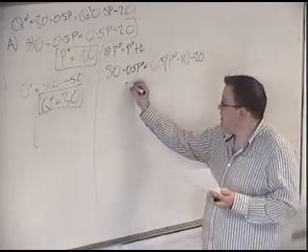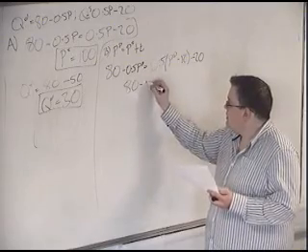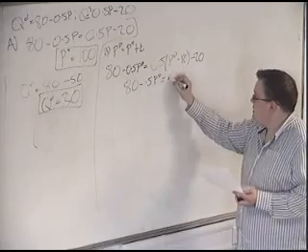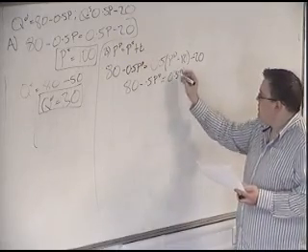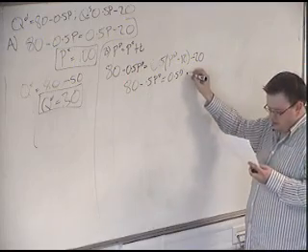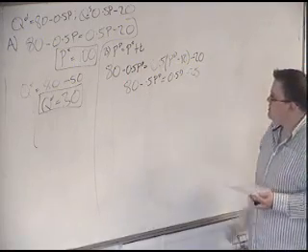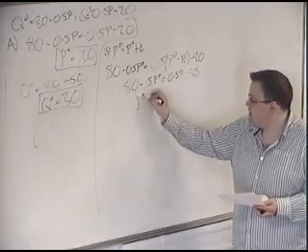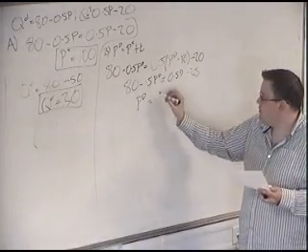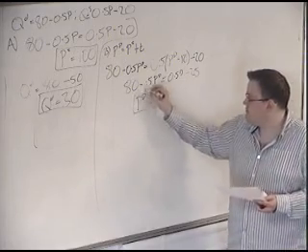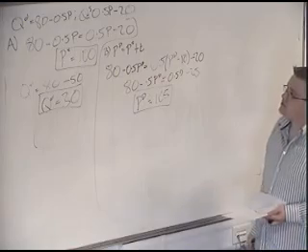Rearranging, or expanding these, we get 80 minus a half PD is equal to a half PD minus 5 minus 20, so minus 25. Taking like terms to the side, we get our PDs on one side, PD is equal to 80 plus 25, 105. Okay, so that's the price that's being paid in the market by the consumers.